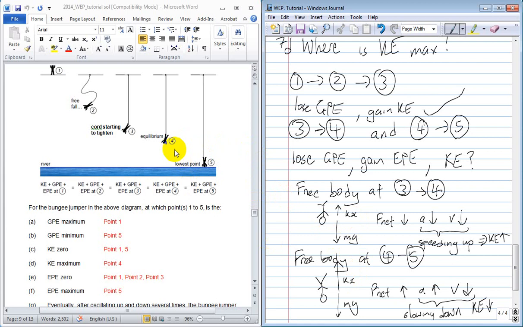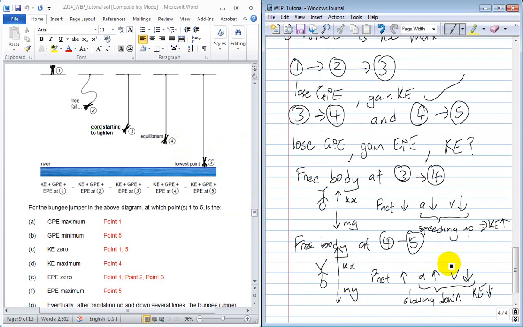So from 4 to 5, the tension is greater than mg, hence my net force is upwards instead, as opposed to 3 to 4 where the net force is downwards. My acceleration is hence upwards and my velocity is still downwards. Since acceleration and velocity are in opposite directions, from 4 to 5 I must be slowing down, hence my KE drops.